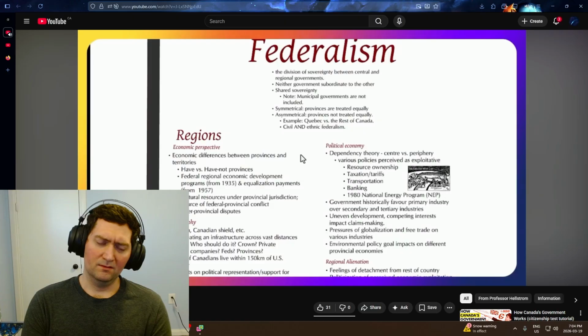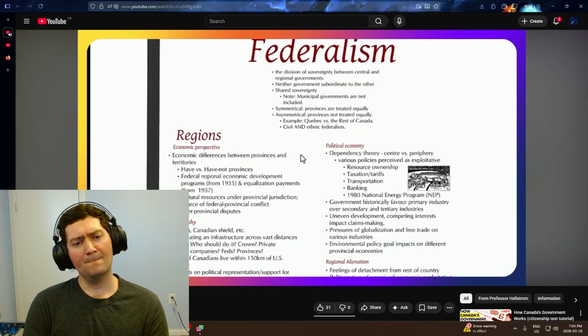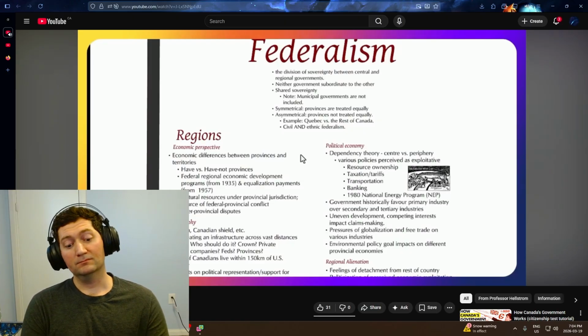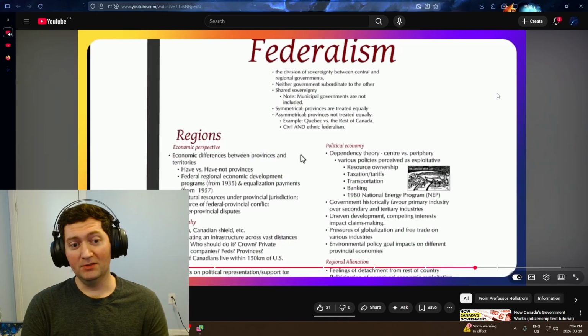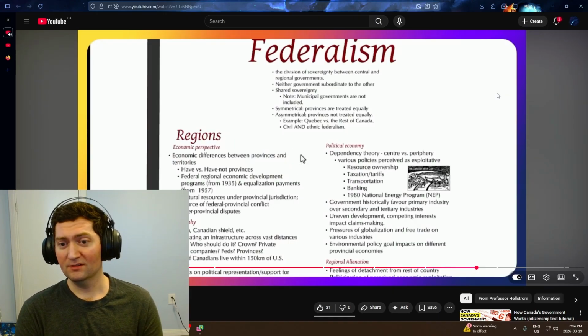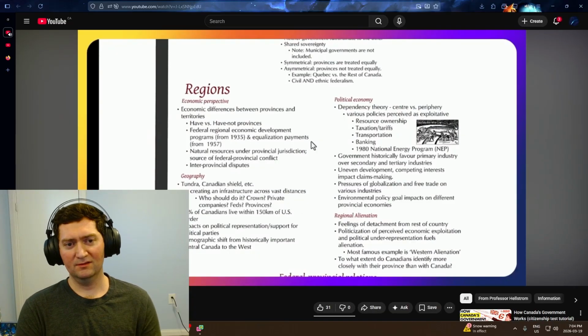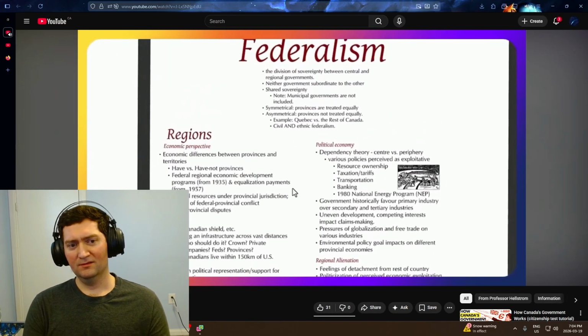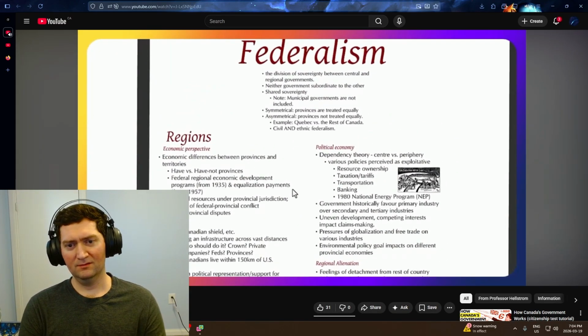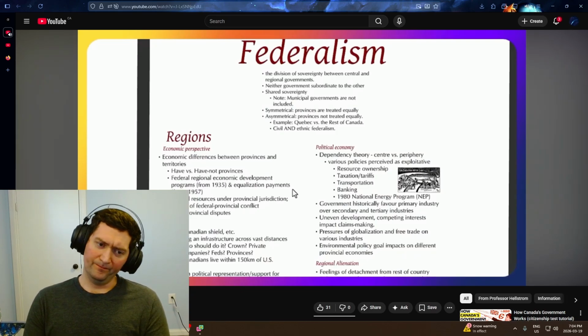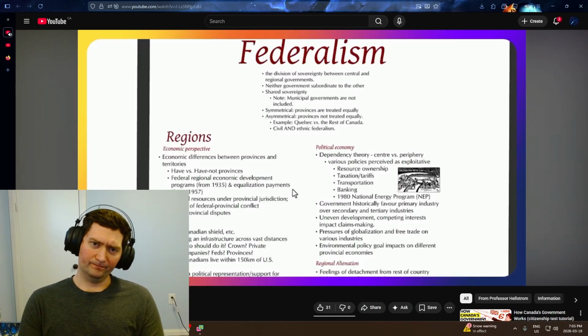So Canada, by virtue of its geographic size, the diversity of regions, it is definitely a huge country, by virtue of the economic diversity that comes out of that size, and by virtue of the constitutional sharing of sovereignty between the federal and provincial government, has some really interesting dynamics going on between these levels of government.